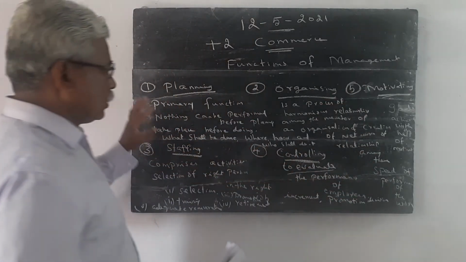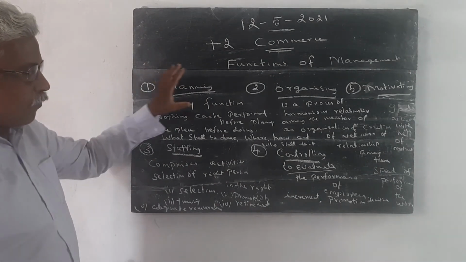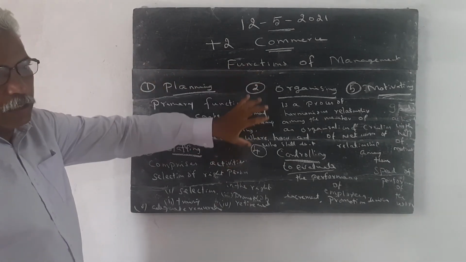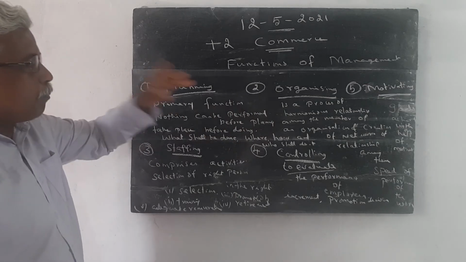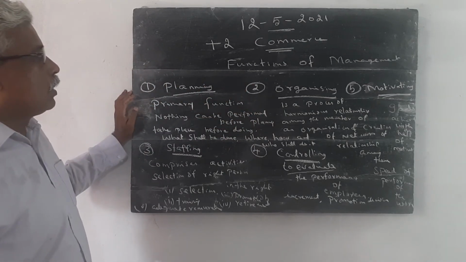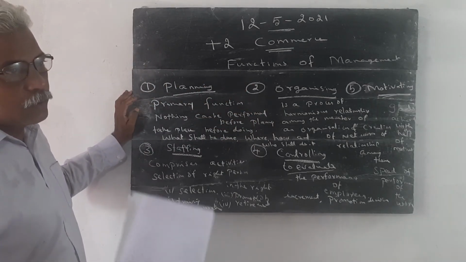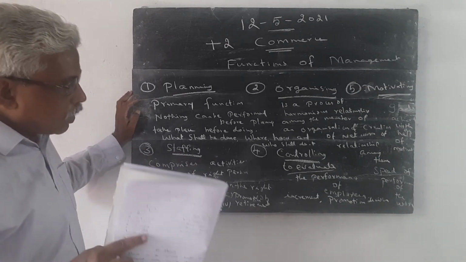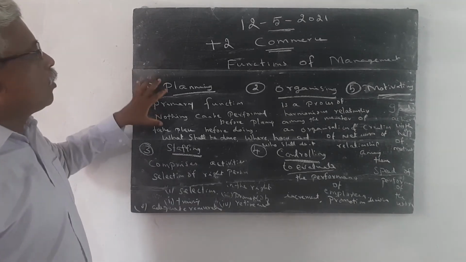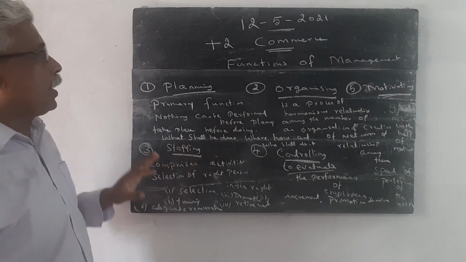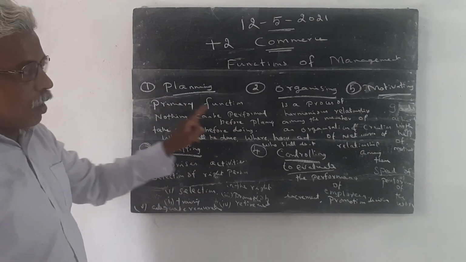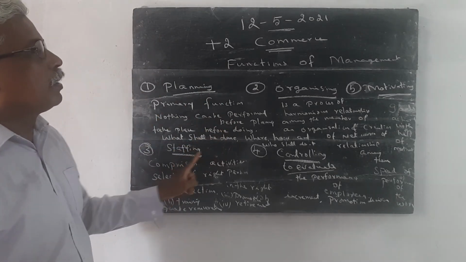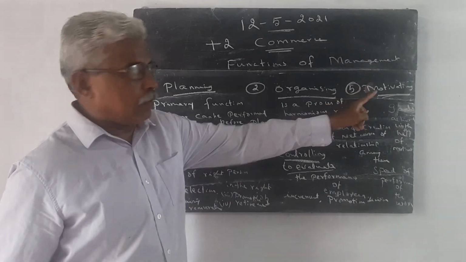So, dear students, I just explained 5 functions of management. The main functions of management are classified in 7 categories. Out of these, we have to study 5 points: planning, organizing, staffing, controlling, and motivating.